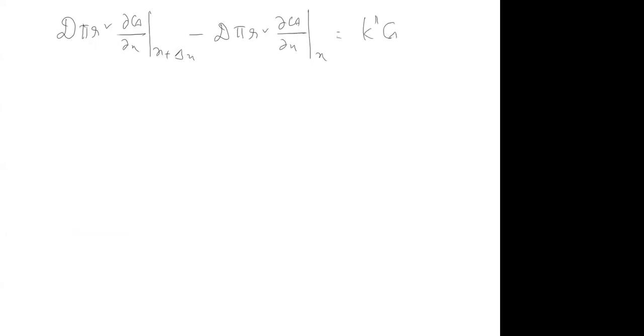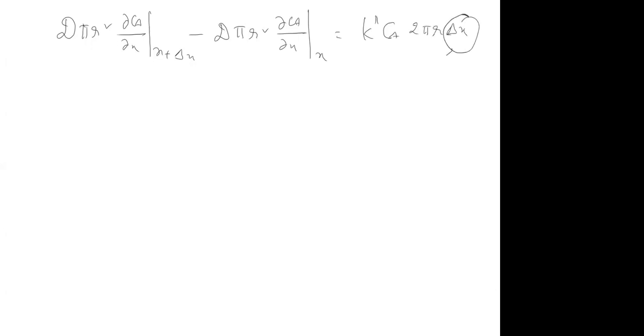Now let's take this equation and modify it. d into pi r square into dCA by dx at x plus dx, minus d into pi r square into dCA by dx at x, is equal to k prime into CA into 2 pi r into dx.